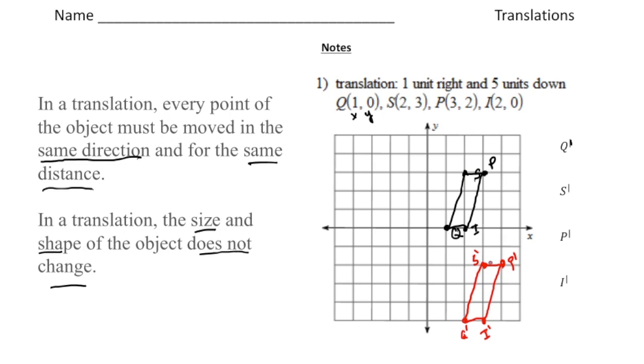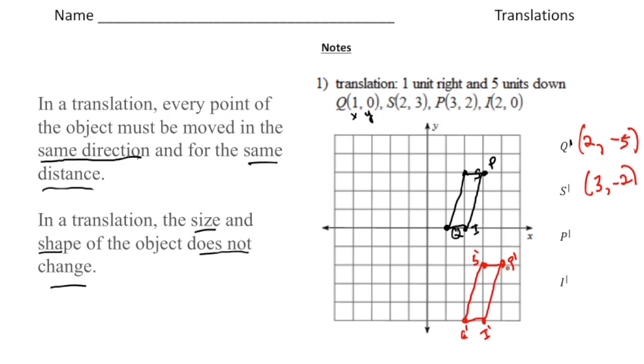All we did is move this whole image 1 to the right and then 5 down. The location of Q prime is over 2, and then down 5, so that's (2, -5). The location of S prime is over 3, and then down 2, so (3, -2).